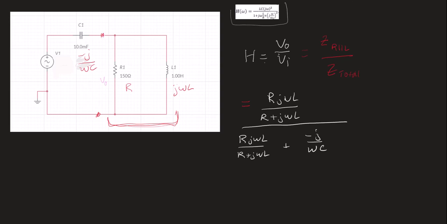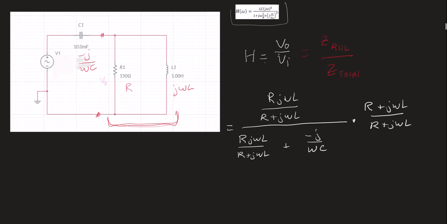Now we want to get this transfer function to look like the one we were given, so that we can see what our corner frequency is. I see that I've got an omega c in the denominator, so I'll leave that, but I want to get rid of this R plus j omega L. So I can multiply everything by R plus j omega L over R plus j omega L, of course, because I'm just multiplying by 1.